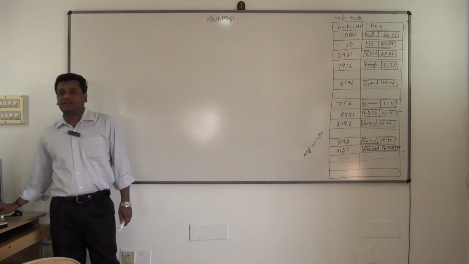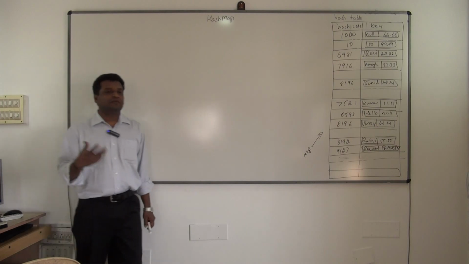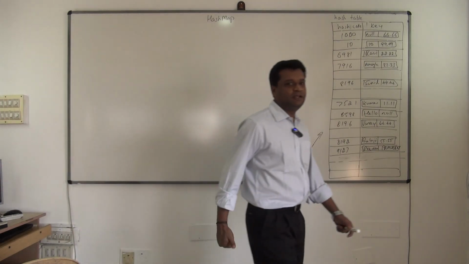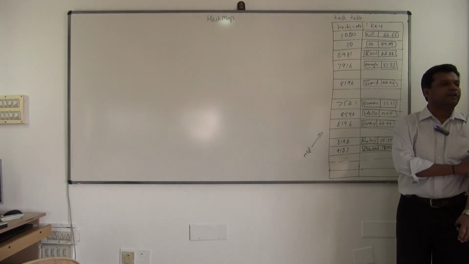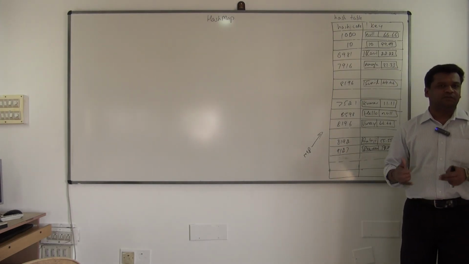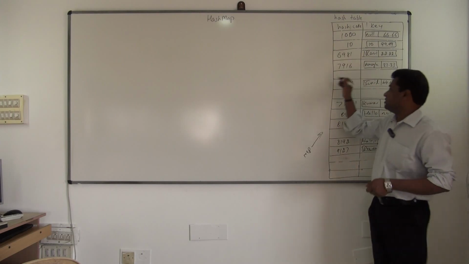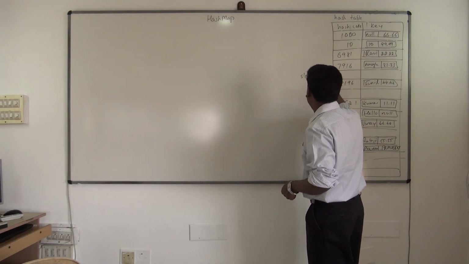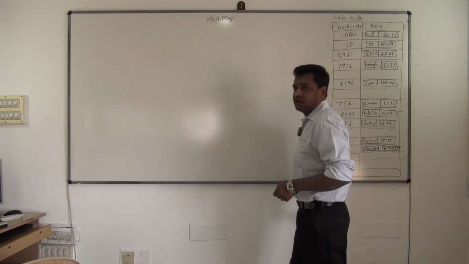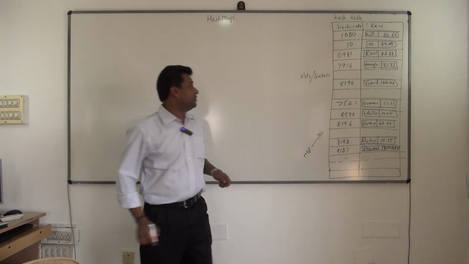Clear? And as soon as you know the rule now, 75% of your map fills, 16 more will be allocated. For what purpose? For further manipulations. If you want to add and all, it will maintain 16 more extra buckets. You can call them slots or you can call them buckets. So 16 slots or 16 buckets will be allocated by default.